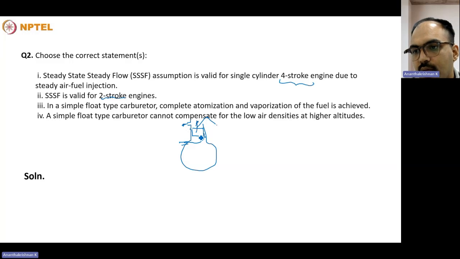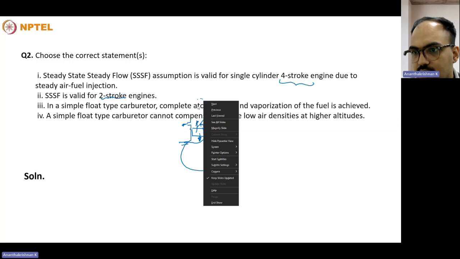And then when the piston comes back through this narrow corridor, the air fuel mixture will come inside. So note here that the power stroke actually combines with the intake stroke. So two strokes are coupled together in the case of two-stroke engines.